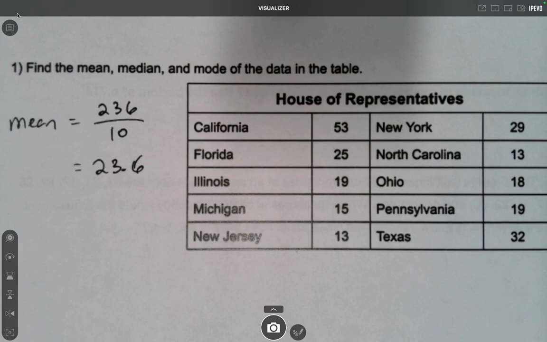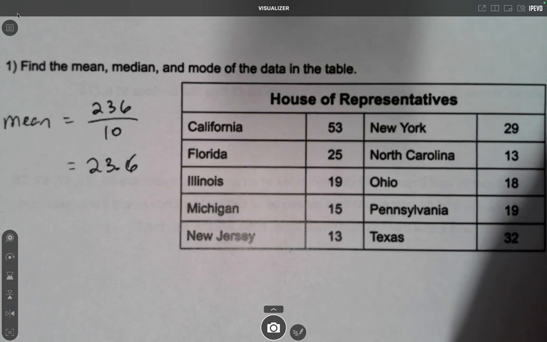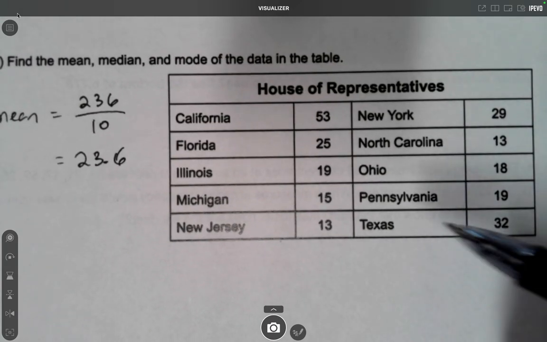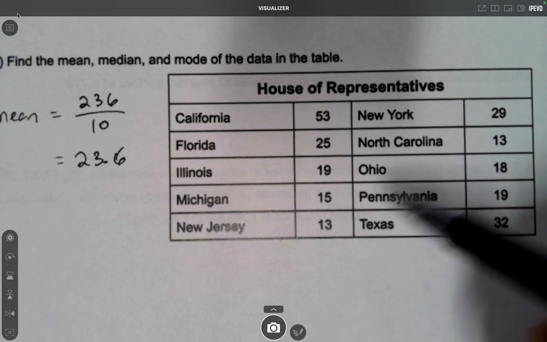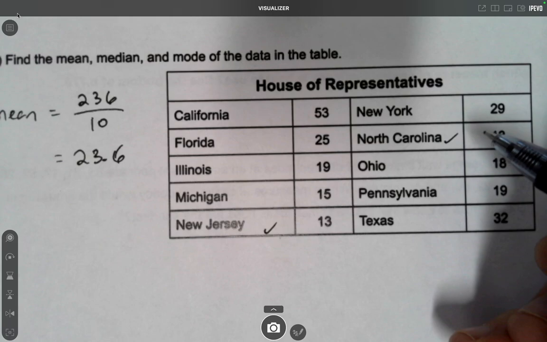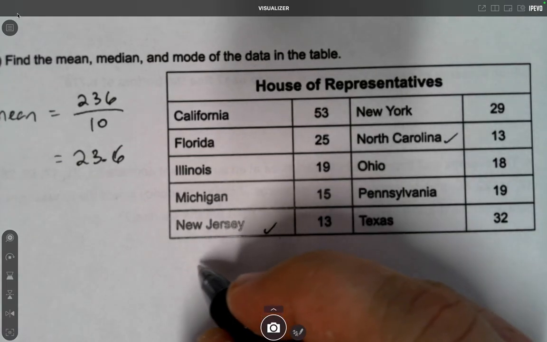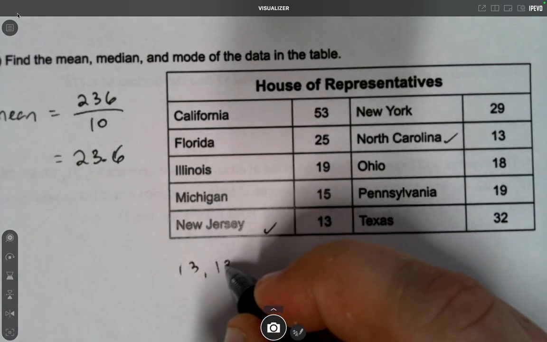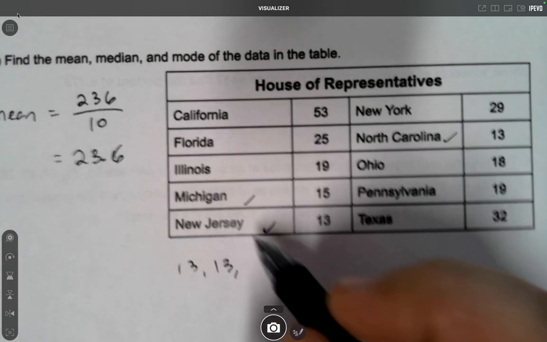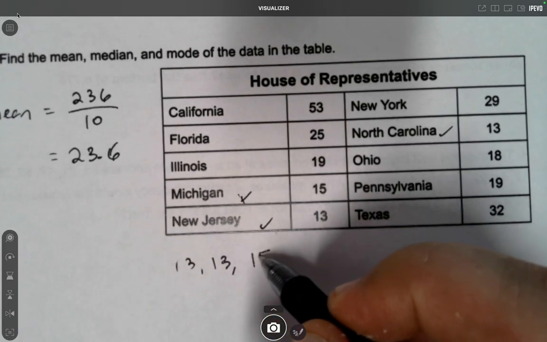Now, to find the median, we need to list these numbers in order from least to greatest. So let's see, as far as least, I see 2 13s, New Jersey and North Carolina. So I'm going to check by those two. So I know I've covered them in the list: 13 and 13. Next up is 15, Michigan. Just put a check to make sure I don't do anything twice.